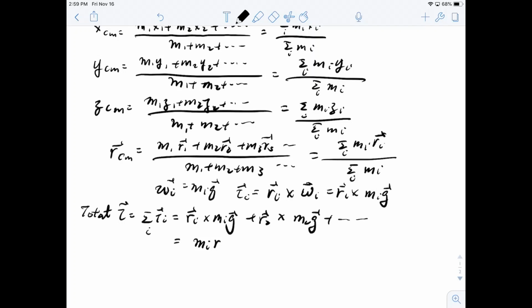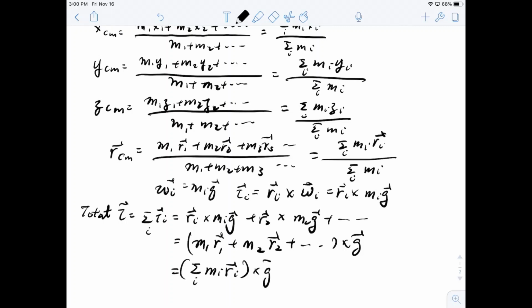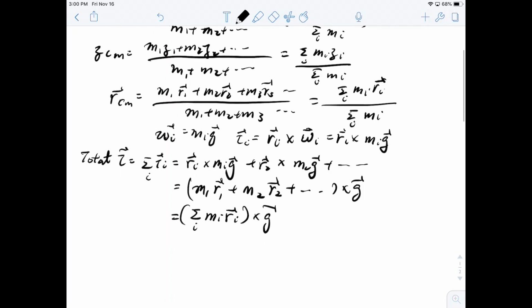So basically here we have m1r1 plus m2r2 plus dot dot dot, cross product with g, and that's equal to the sum over i of mi ri, cross product with g.